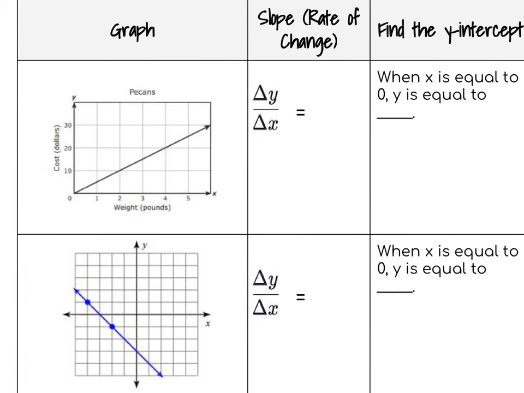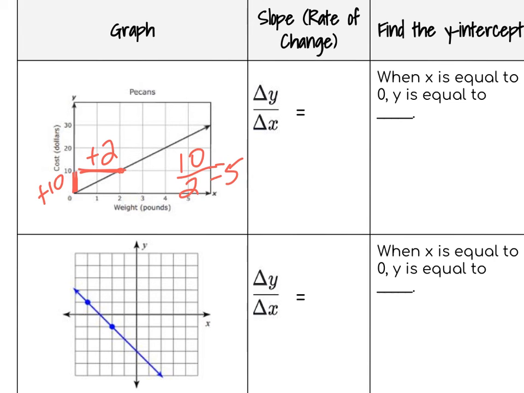Okay, so if I use my graph to find the slope, I pick 2 points like 0, 0, and maybe this one. Okay, I am not going up 1, I'm going from 0 to 10, so I'm going up 10. That's my vertical change. My horizontal change is going by 1, so that's 2. So my slope is 10 over 2, which is 5.